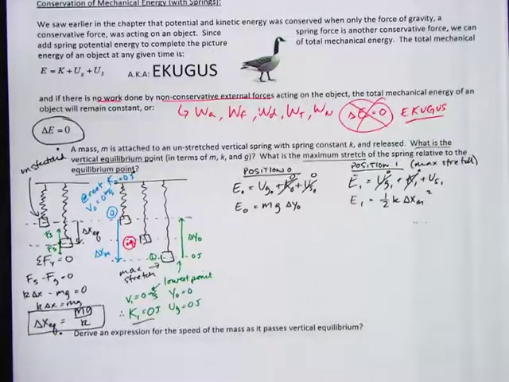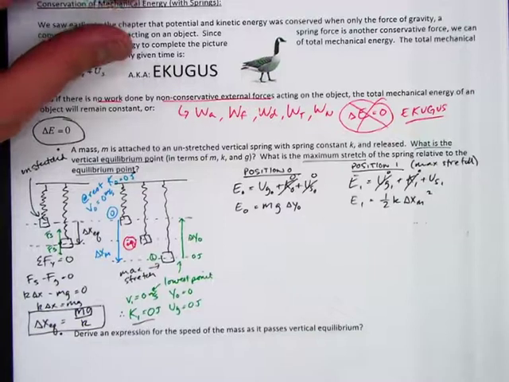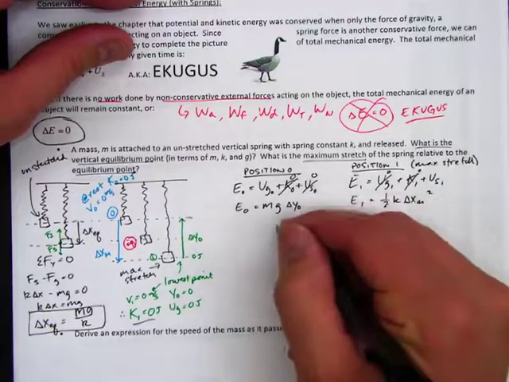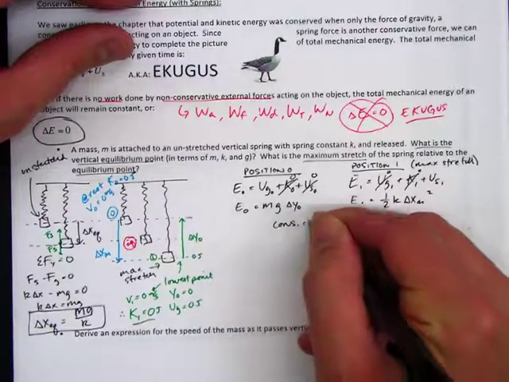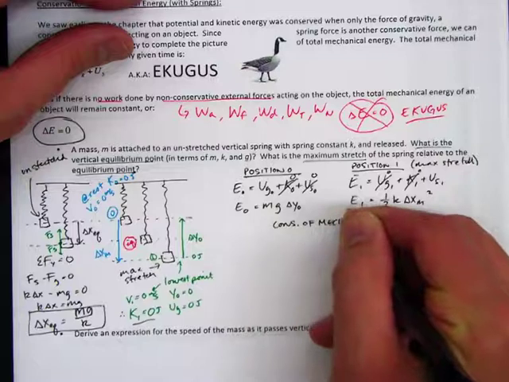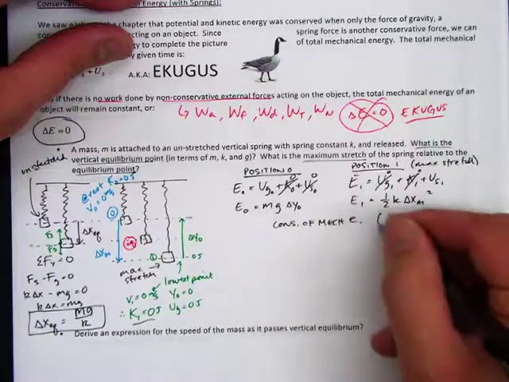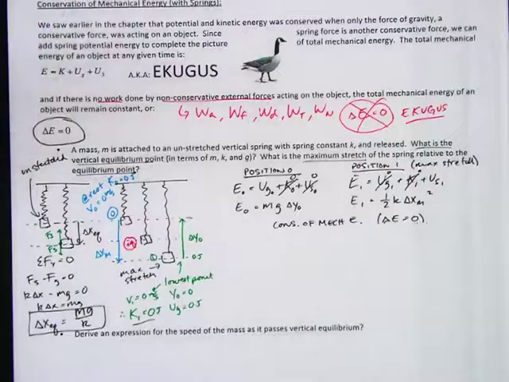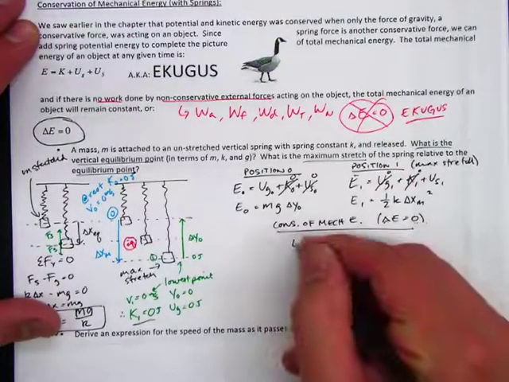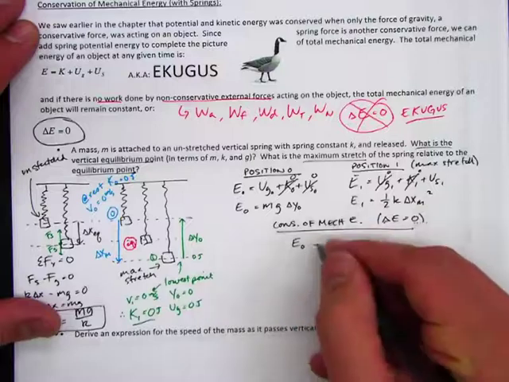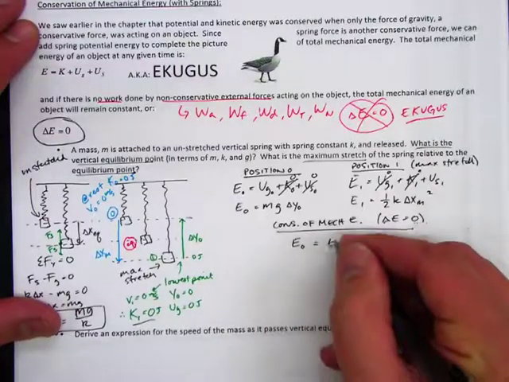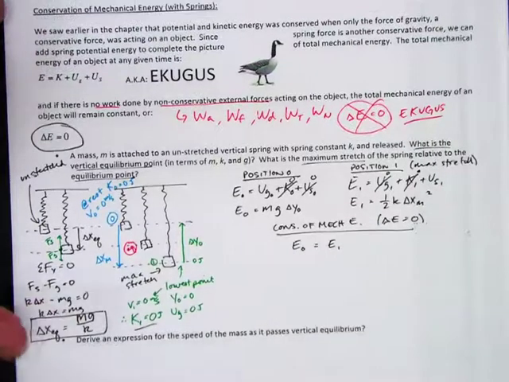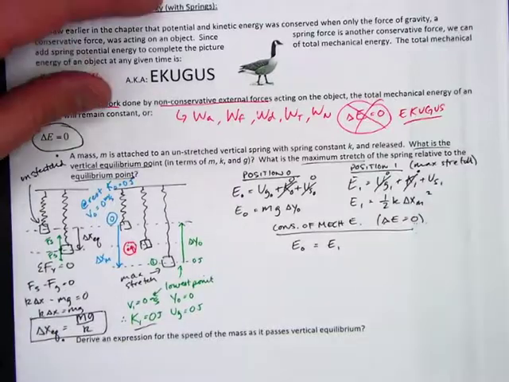So now, if we want to get an expression for delta x max in terms of the equilibrium point, let's set up conservation of mechanical energy, which tells me delta E equals 0. The change in mechanical energy from one position to another is 0. Or another way of writing that is the energy at the initial position, total mechanical energy, must equal the total mechanical energy at the max stretch.